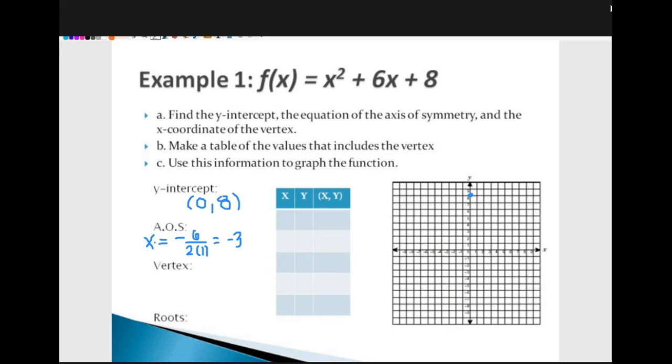The vertex comes from plugging -3 in. So it's at -1. So that means that my graph has a point (-3, -1).